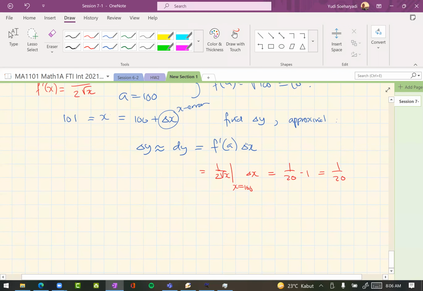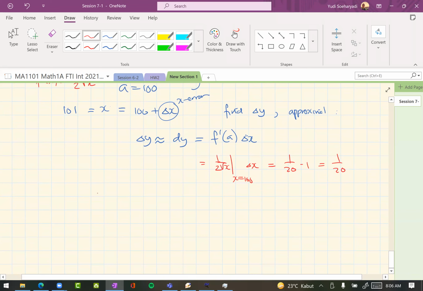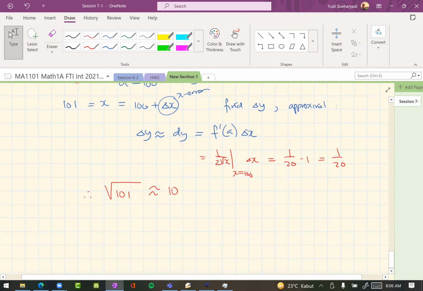So now the square root of 101 is approximately 10 plus 1/20, which is 0.05.